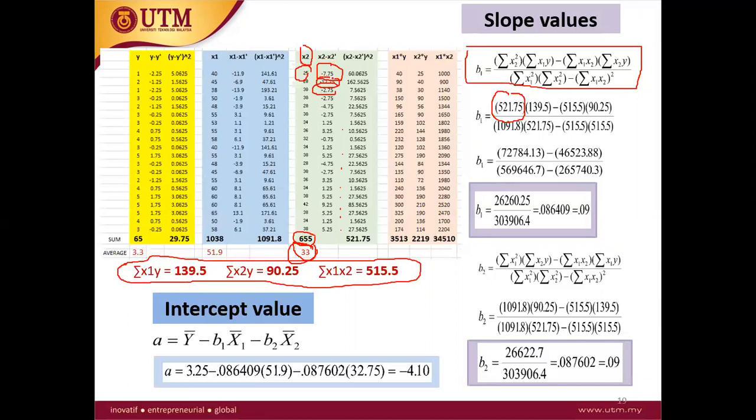Negative 7.75 squared, you get 60.06. Negative 2.75 squared, you get 7.56. Negative 4.75 squared, you get 22.56, and so on. So the total is 521.75.